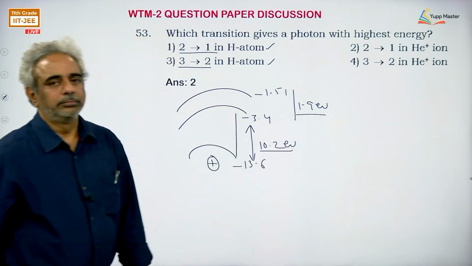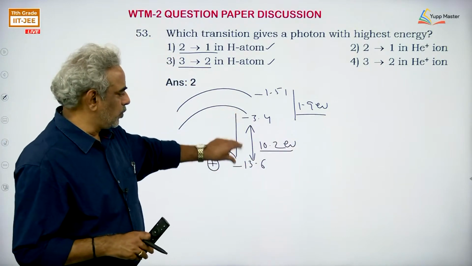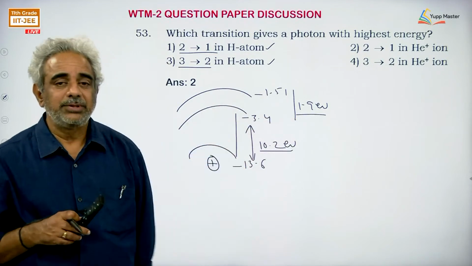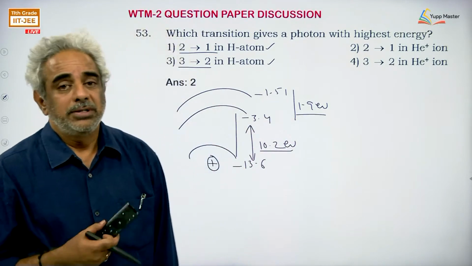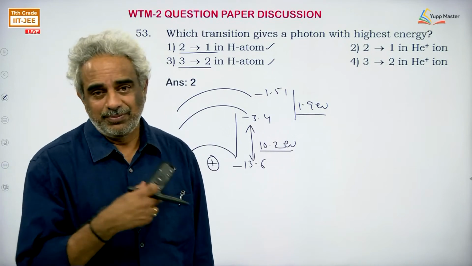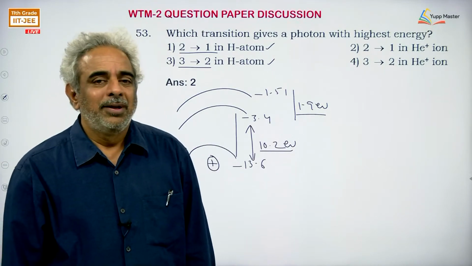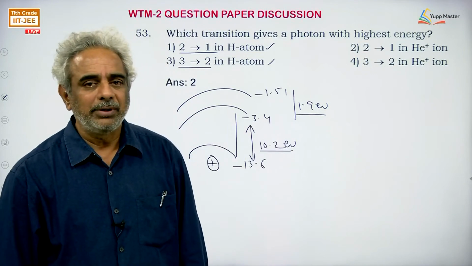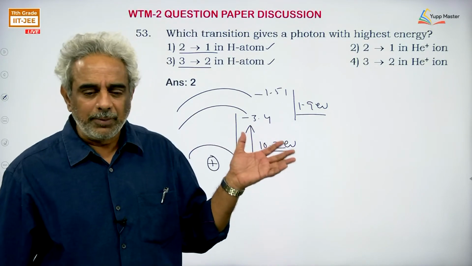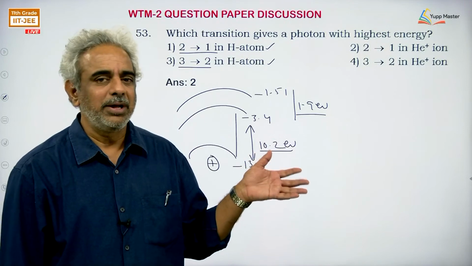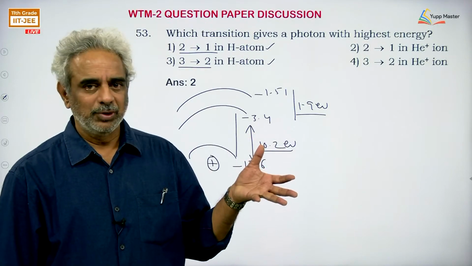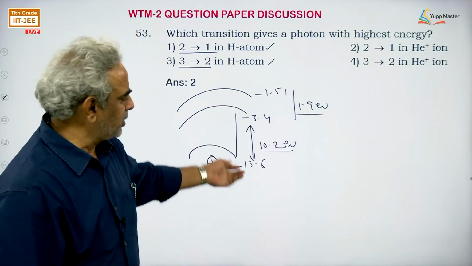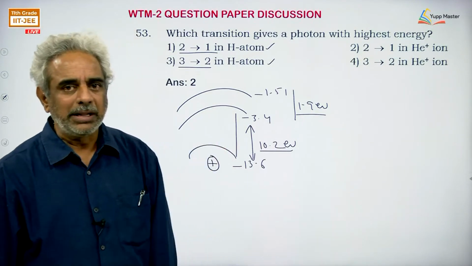So the 2 to 1 gap is 10.2. See, these are all very dear numbers. It's a universal fact. One must get accustomed to these values. Not that I am telling you to learn them by heart. You like them, you get familiarized with these numbers. These are very unique numbers. We got them from Niels Bohr's atomic model, and they are fixed. You are not newly calculating anything.